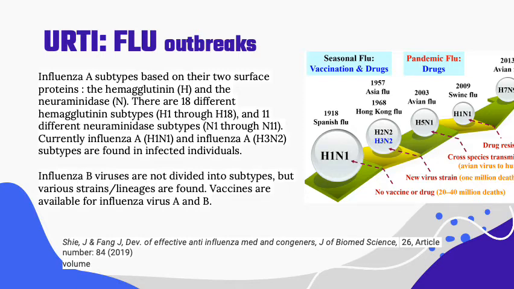In 1918, the Spanish flu, which caused 20 to 40 million deaths, recurred in 2009 as the swine flu. The Hong Kong flu in 1968 and the Asian flu in 1957, with a million deaths, were due to H3N2, while the avian flu presented with H5N1 and H7N9 in Pampanga, Nueva Ecija, and Bulacan.